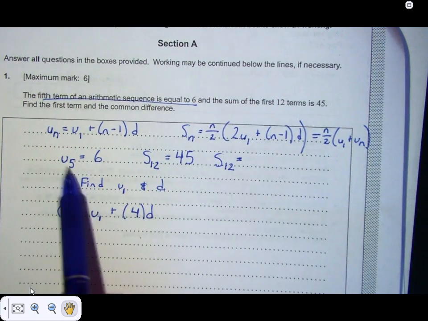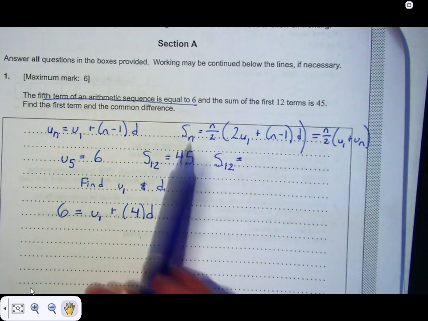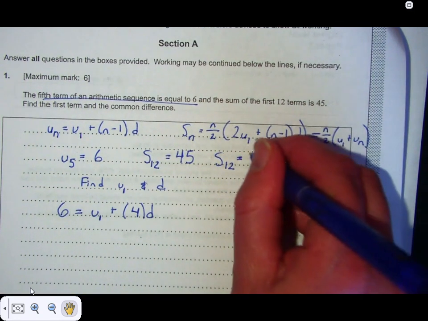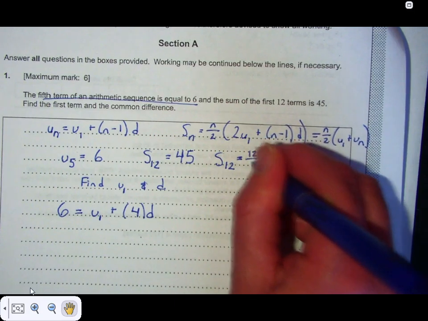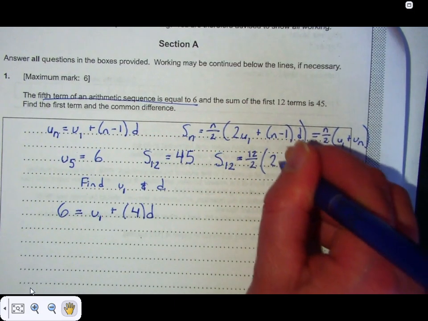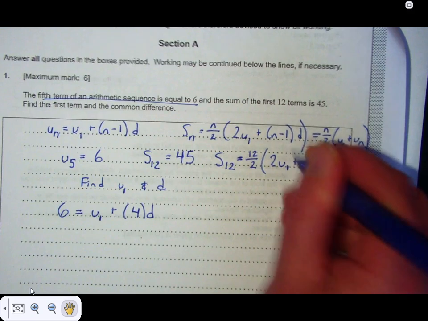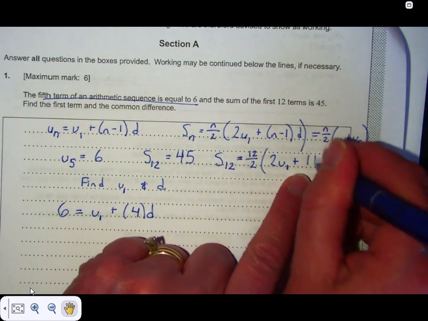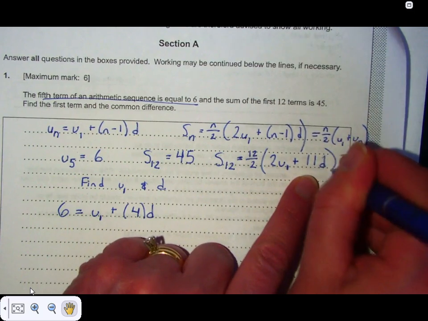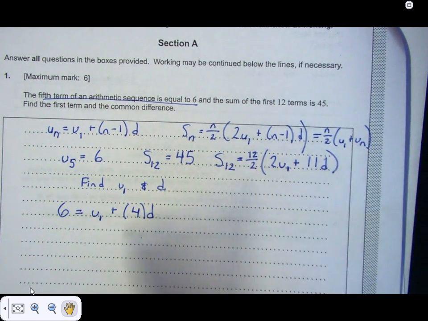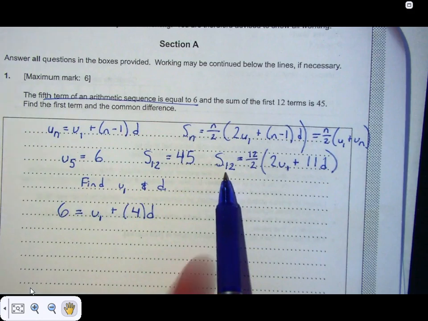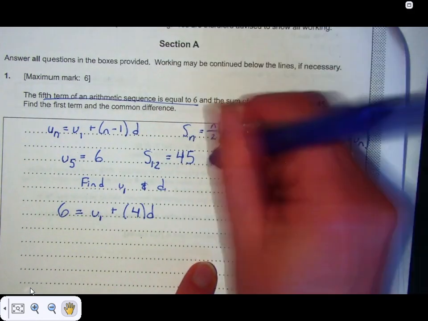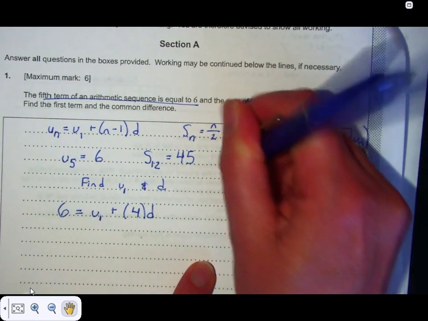We used 5 over here because of the fifth term, and over here we're finding the sum of the first 12 terms, so now n is 12. And then I still don't know the first term. Here, still, we're doing the 12, so 12 minus 1, so 11d. And we know what s sub 12 is. What is s sub 12? Okay, so I'm just going to change that to 45.